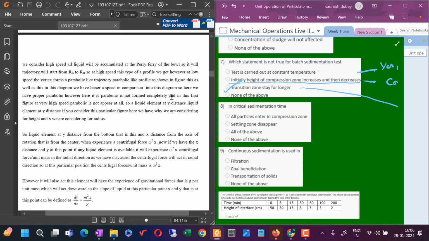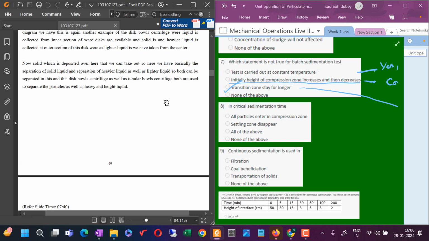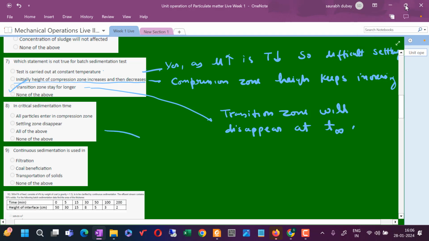Okay, so the critical sedimentation time is when all the particles enter the compression zone. So all the particles are there in the compression zone.